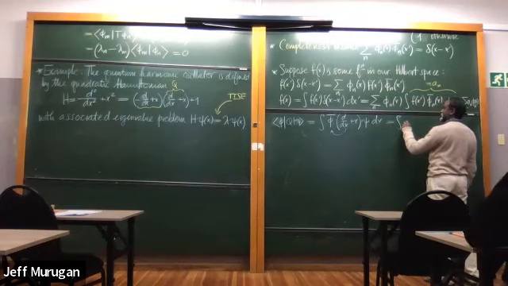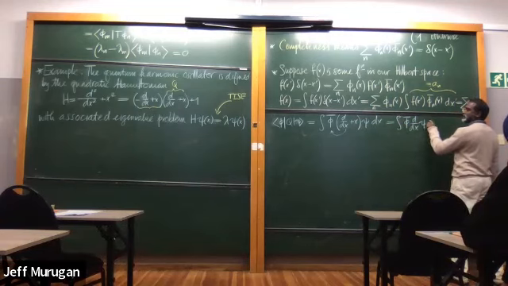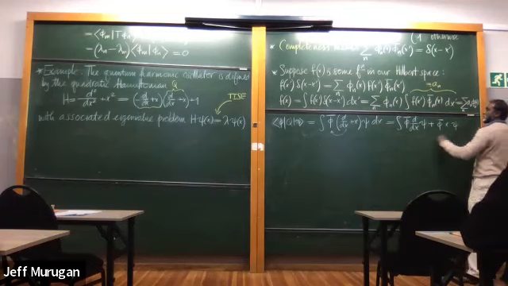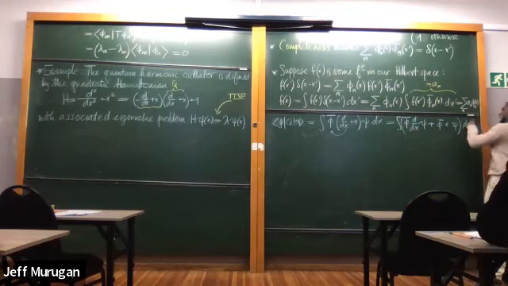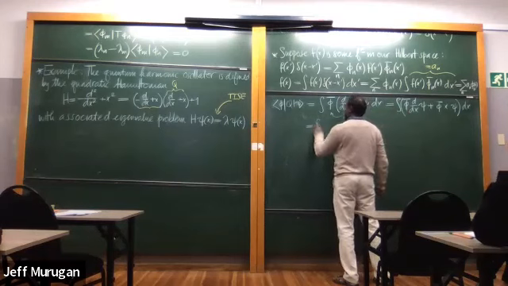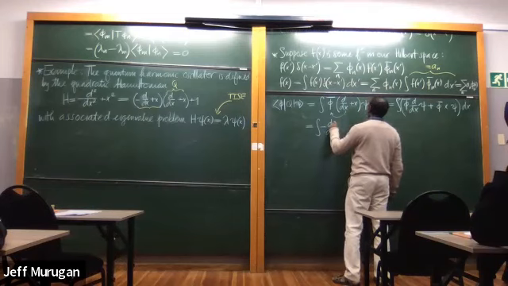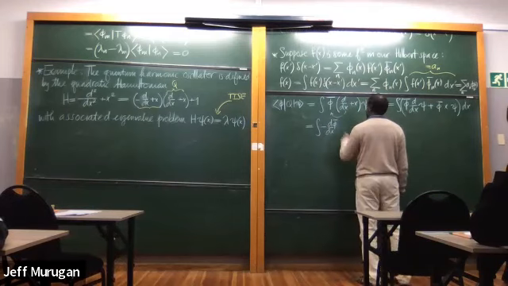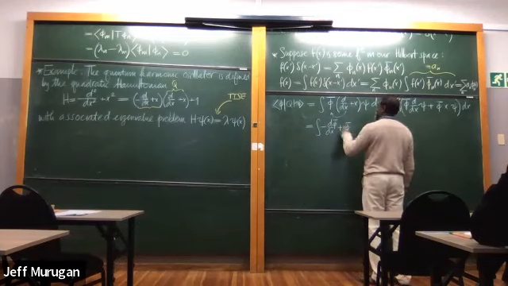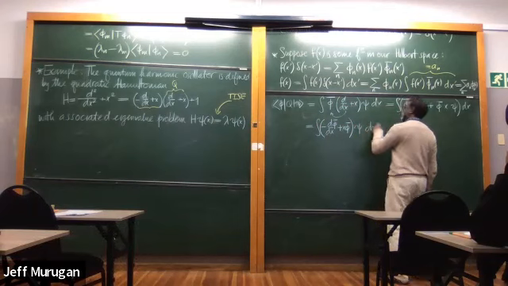So this is the integral of phi bar d by dx psi plus phi bar x psi dx, which is the integral of minus d phi bar by dx times psi plus x phi bar times psi dx.